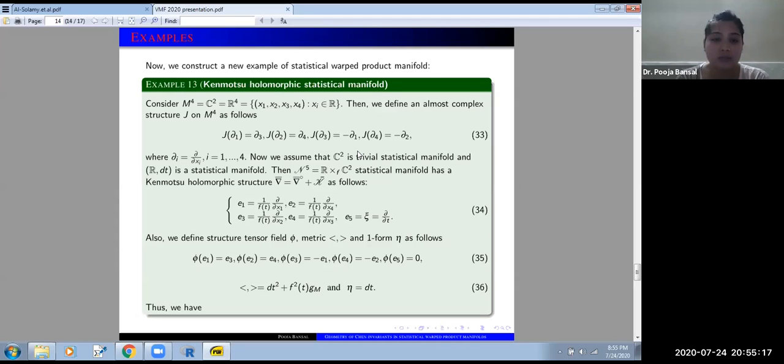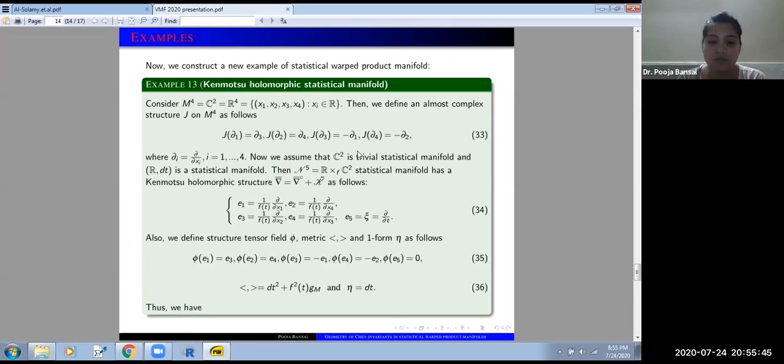Now we assume my manifold C² as a trivial statistical manifold and R as a statistical manifold. Then we define the statistical warped product manifold defined by R × C² over the warping function f. Then this statistical manifold has a Kenmotsu holomorphic statistical structure ∇̄, whose vector fields E1, E2, E3, E4, E5 are defined by equation 34.